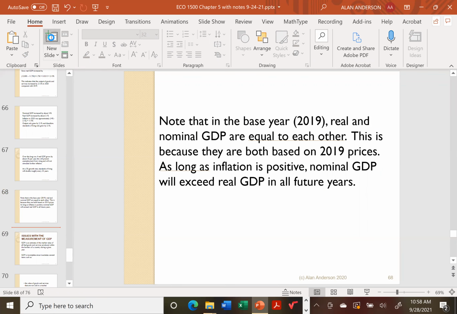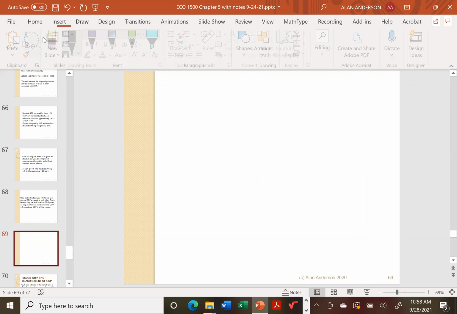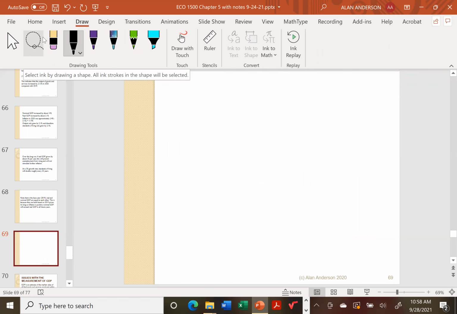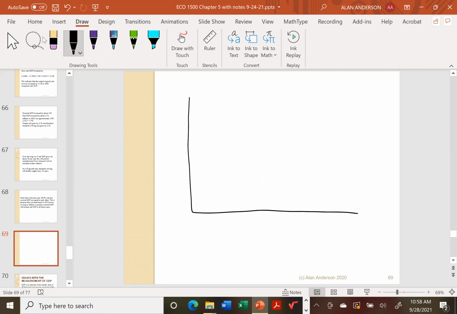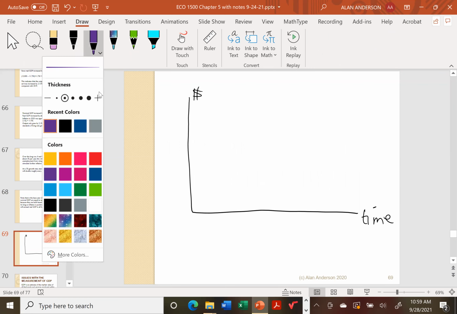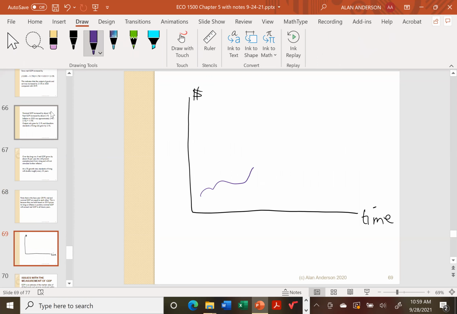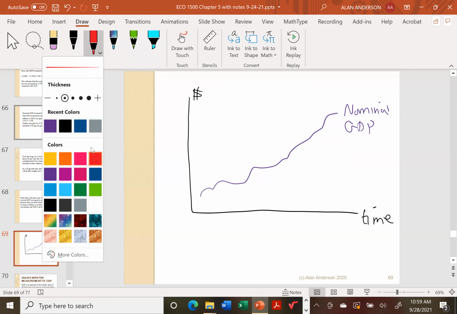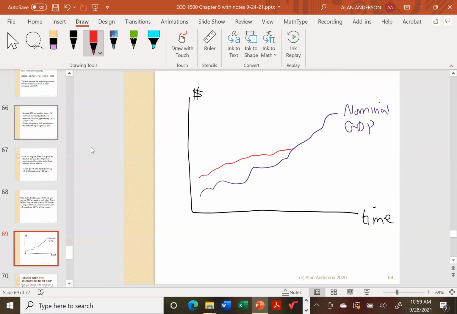So what that means then is that if you were to draw a plot, let's say, of both nominal and real GDP over time, let's say I drew one plot for nominal GDP, and then real would look something like this. Where they cross is the base year.